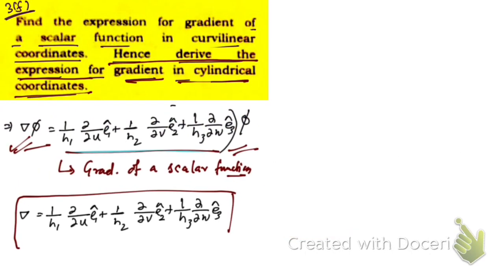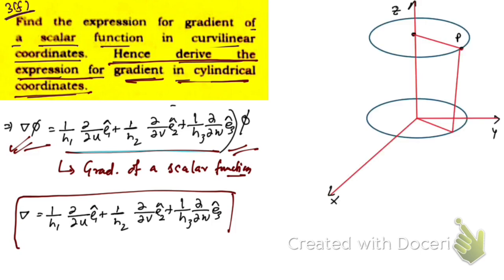So let us consider a point in a cylindrical coordinate. This is the point P here, you can see. So rho, phi and z, these are the cylindrical coordinates. Here rho is this projection, this is rho, and this is phi.